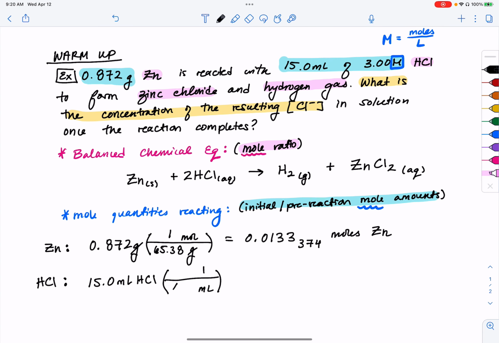So there are 1,000 milliliters for every 1 liter. And then continuing this calculation so I can knock out both conversions at once, using my molarity, I know that per 1 liter of HCl solution that's given in this problem, there are 3.00 moles. In other words, the molarity is 3.00 moles per liter.